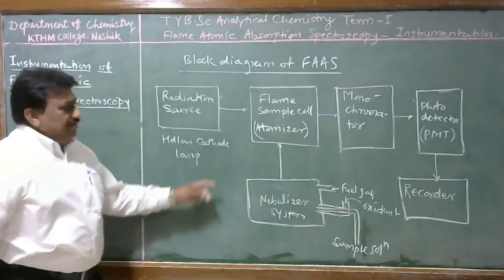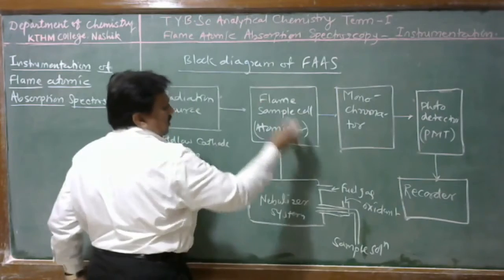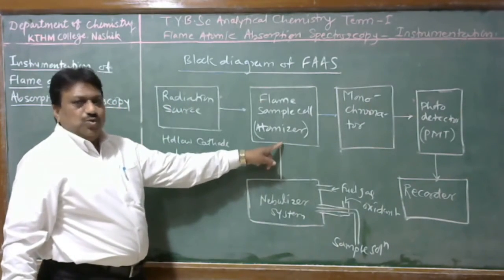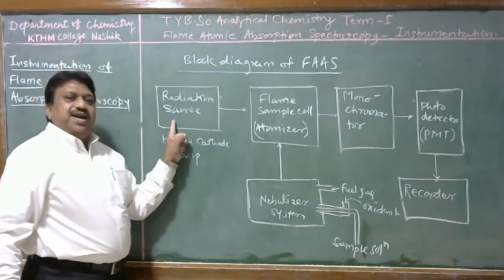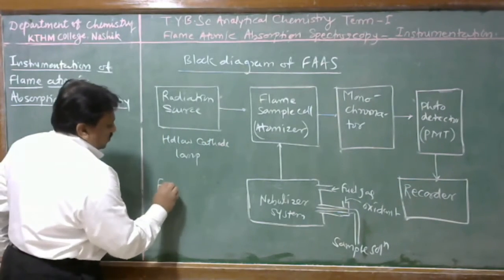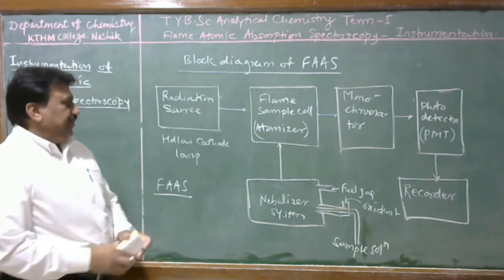In this block diagram, this part is similar to a flame atomic emission spectrophotometer, but an additional radiation source is required to construct the instrument of flame atomic absorption spectrophotometer.